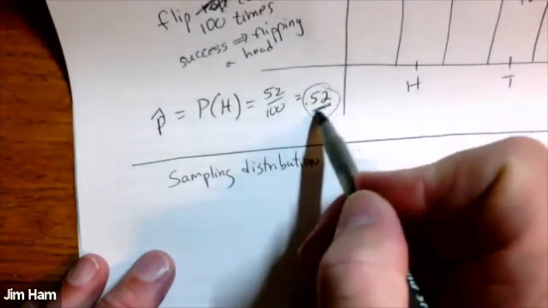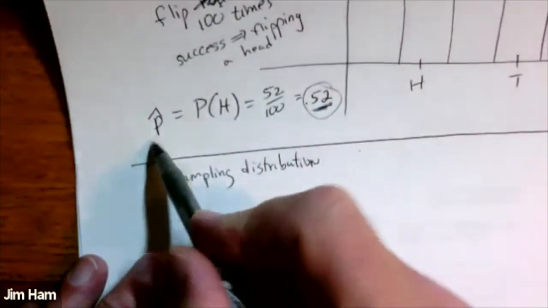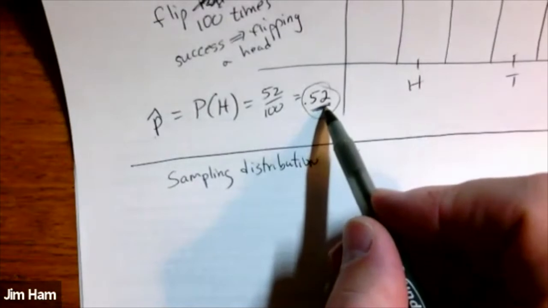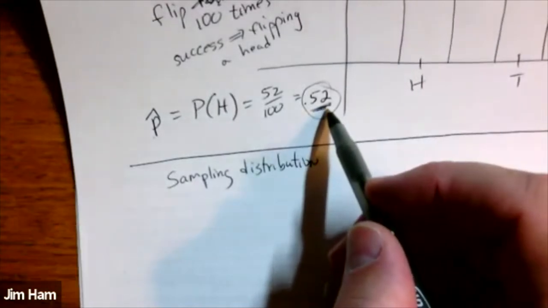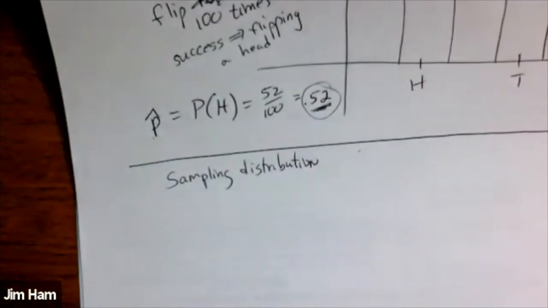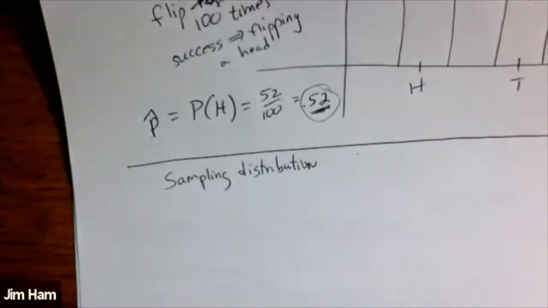Notice that all of these sample proportions will be numbers. It might be 0.52 the first time, 0.47 the second time, and the next time it might hit 0.50. But just think of all the different sample proportions that you would get if you flipped a coin 100 times and recorded the proportion of heads. Most of those outcomes would be very close to 0.50.